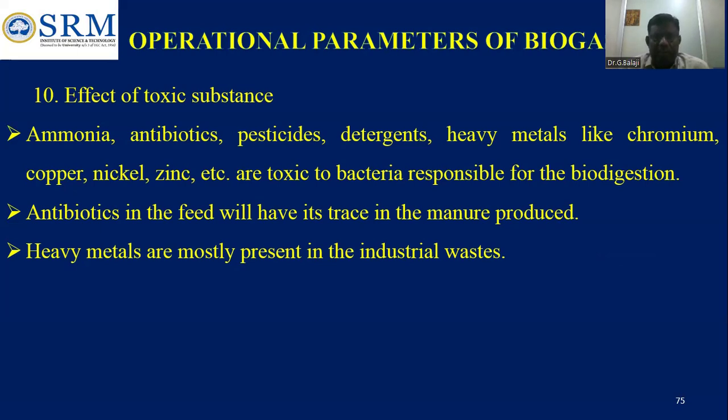Antibiotics in the feed will have their trace in the manure produced. Heavy metals are mostly present in industrial waste. So these items should not be there in the inlet, in the cow tank.